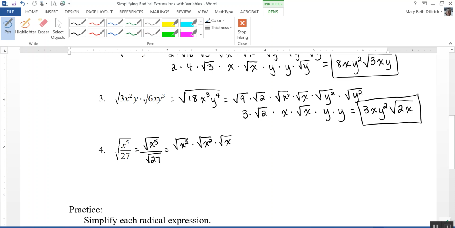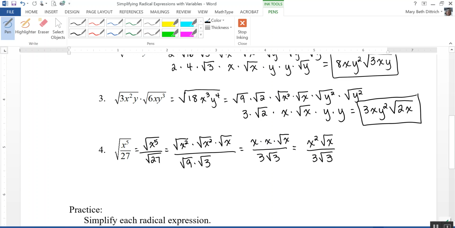And 27 is the square root of 9 times the square root of 3. So that's going to give me x squared times the square root of x over 3 times the square root of 3.